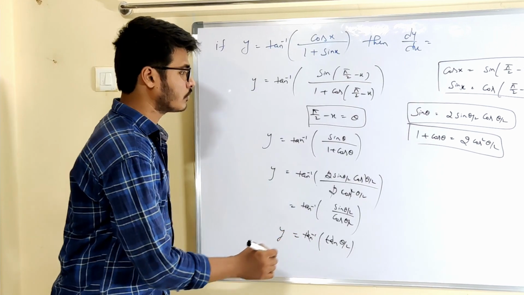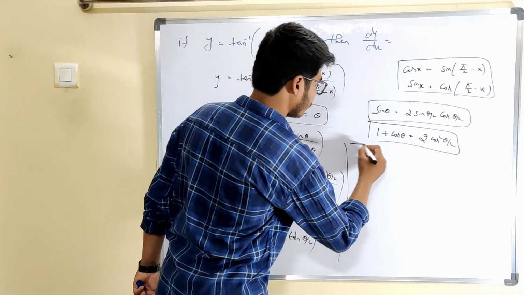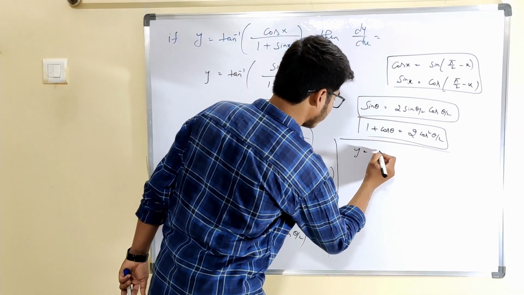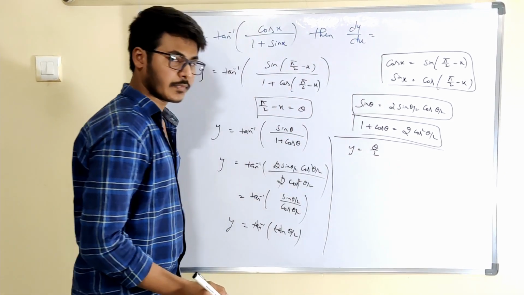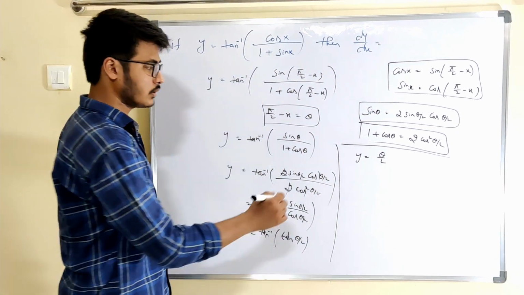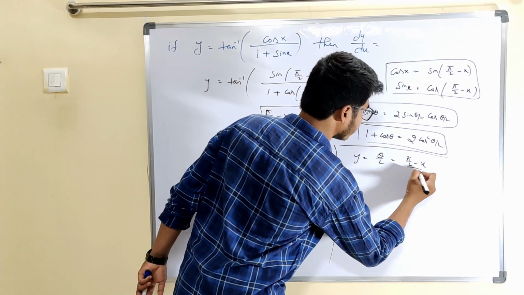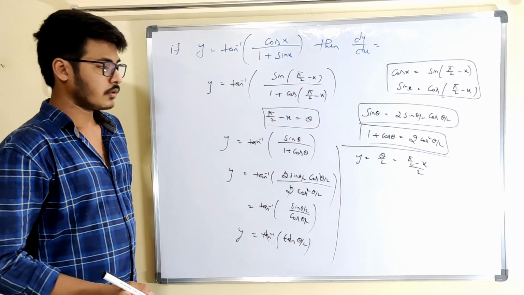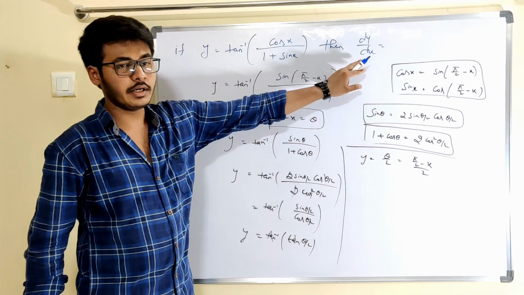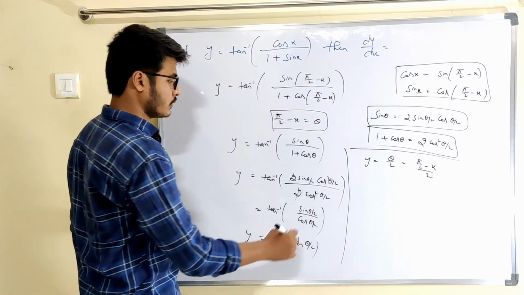So we get y is equal to theta by 2. Here theta is pi by 2 minus x. So (pi by 2 minus x) divided by 2. Here it is given to find dy by dx. So we differentiate on both sides.